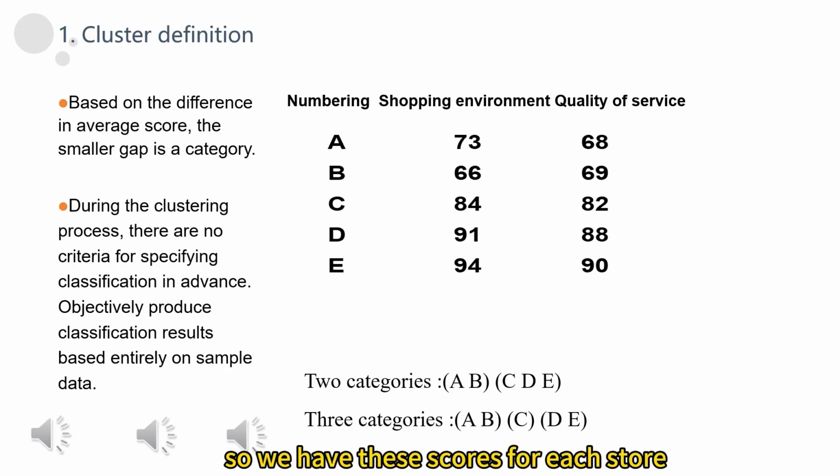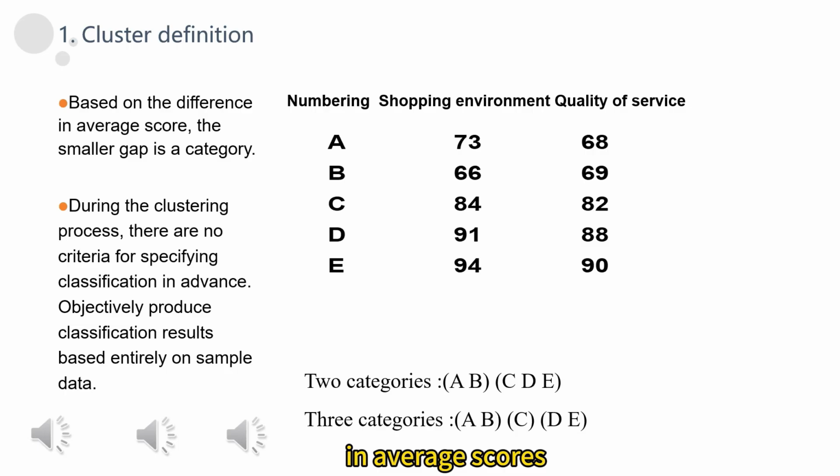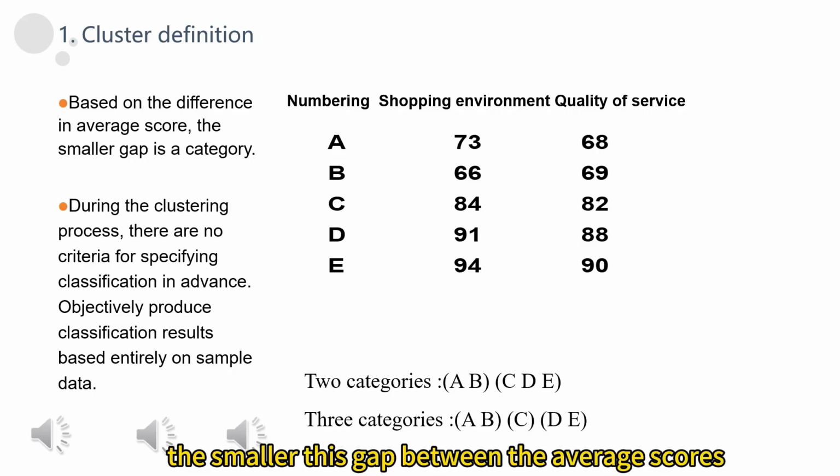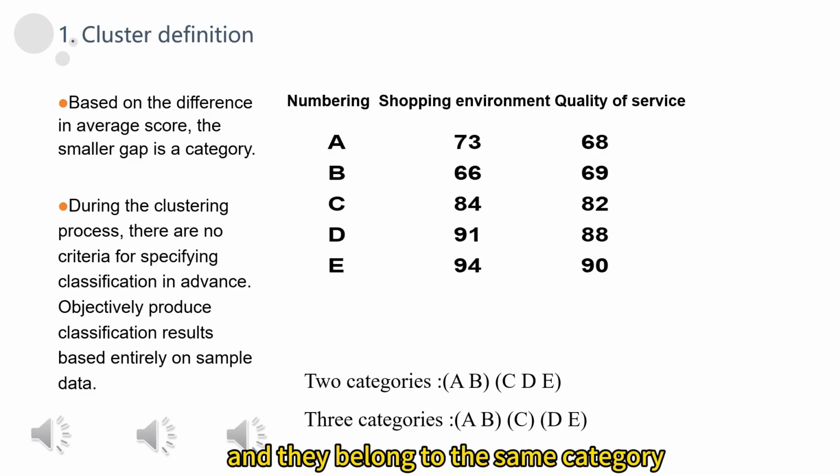So, we have these scores for each store, and the idea is to analyze the differences in average scores to create categories or clusters. The smaller the gap between the average scores, the more similar the stores are considered to be, and they belong to the same category.